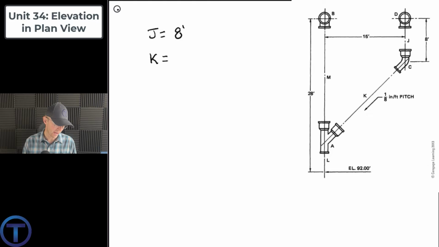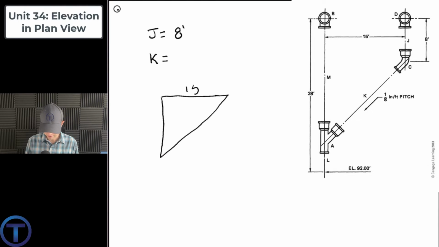You can see it's a diagonal, and we're going to need to figure out a little bit of triangle math here. We can see the distance or offset between these pipes up at the top. There's 15 feet between these pipes. That gives us a triangle that looks something like this, right?